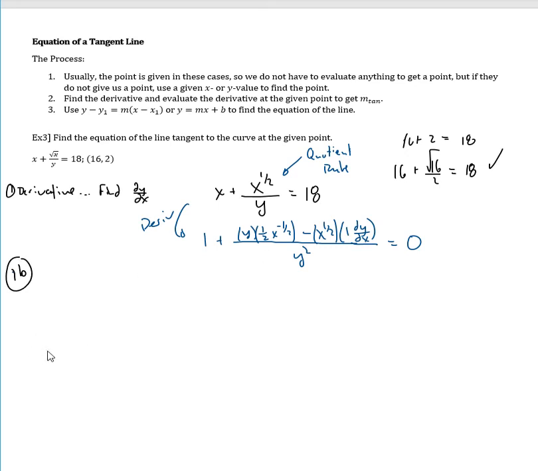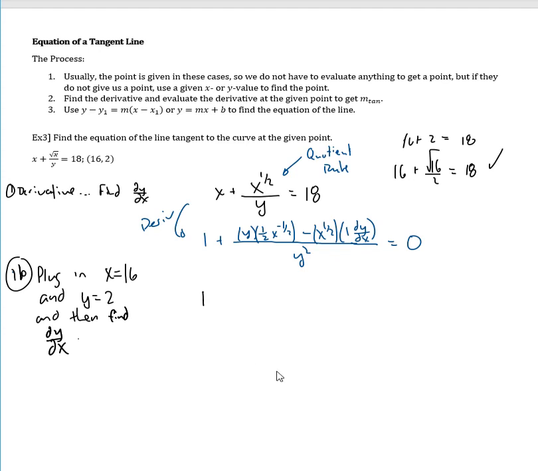Now part 1b: let's plug in x equals 16 and y equals 2, and then find dy/dx. Usually that's easier in these types of problems. So let's go ahead and do that.